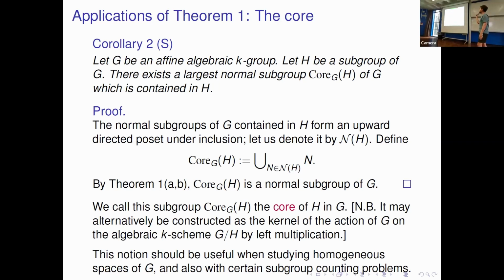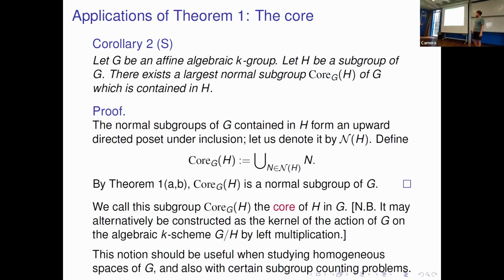Take an affine algebraic group G and a subgroup H of it. Then there exists the largest normal subgroup of G contained in H, which we call the core, following the usual notion. What's the proof? Well, it's very simple. The normal subgroups of G contained in H form an upward directed set under inclusion. Why? Because if you take any two of them, you just take the product, that's again normal, and of course it's again in H. We define the core to be the schematic union of these.